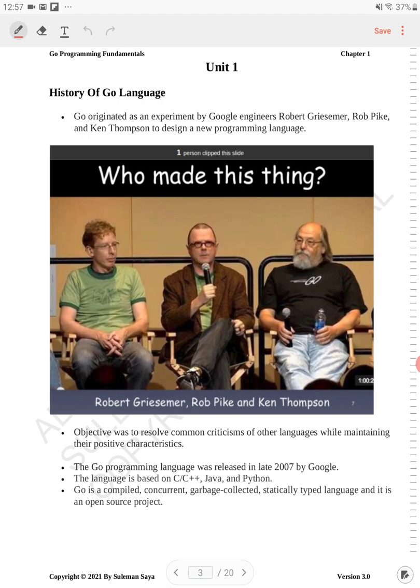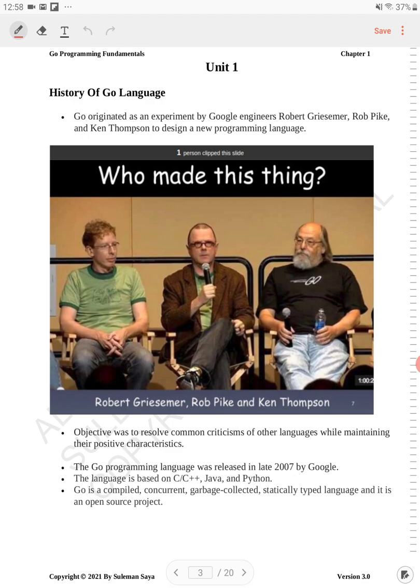The Go specs were finished in 2007 by Google, and the Go language development team finished writing the compiler for the Go language by 2009.